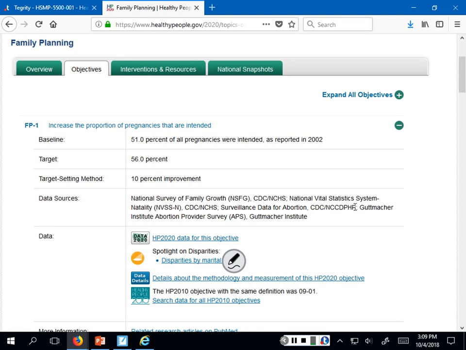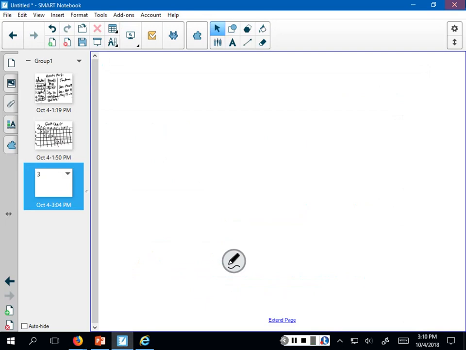Or the National Vital Statistics System. This data is collected regularly on an ongoing basis as part of national surveillance, so the data should be available on an annual basis. So come 2020.